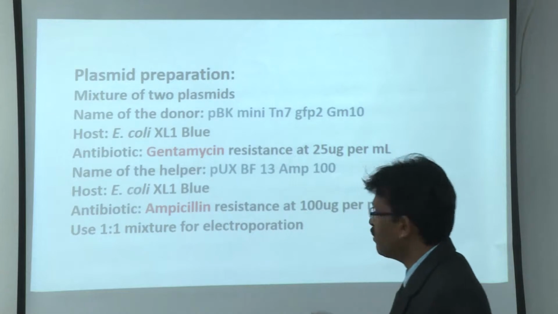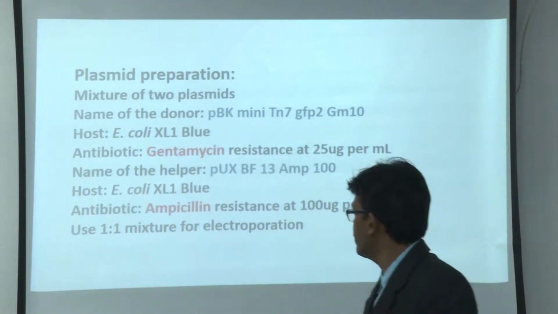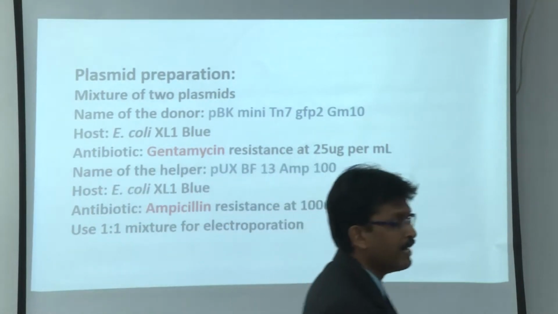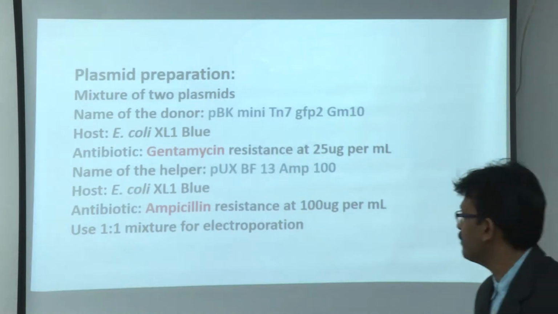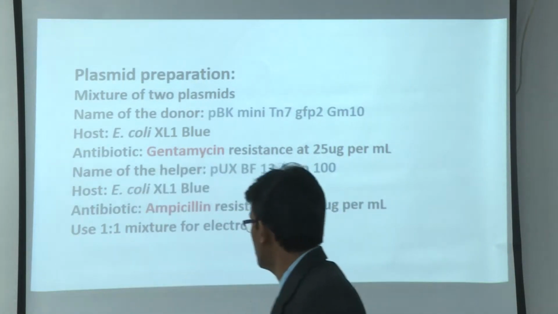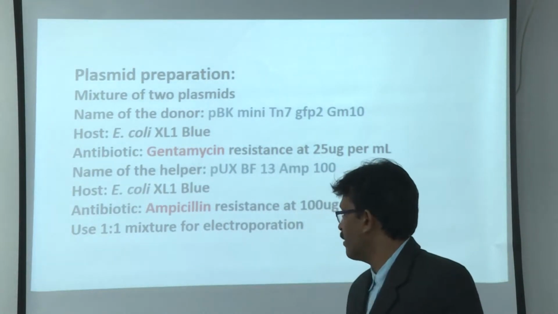And the helper plasmid we used in our experiment is pUX-BF13, AMP100. This is a helper plasmid that guides your donor plasmid to integrate into the neutral site in the bacterial genome. And this has ampicillin resistance at 100 microgram per ml. Okay.